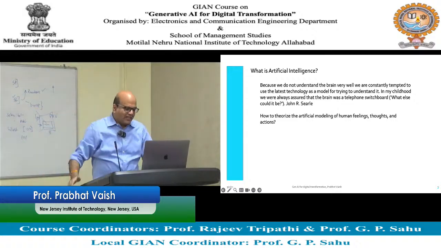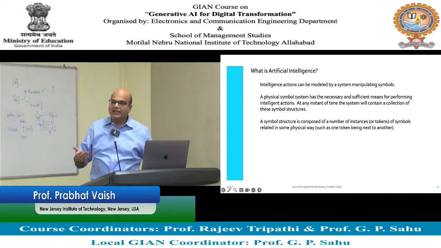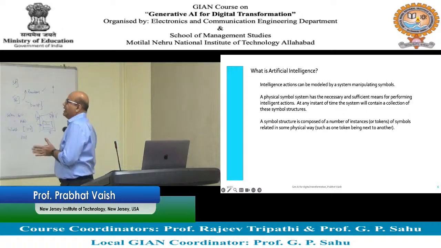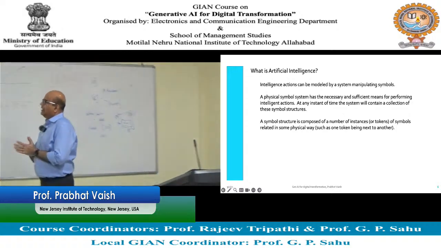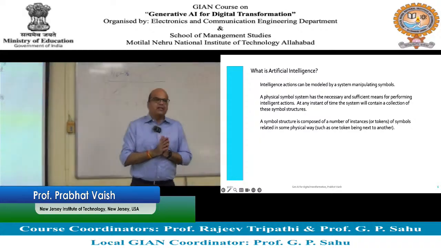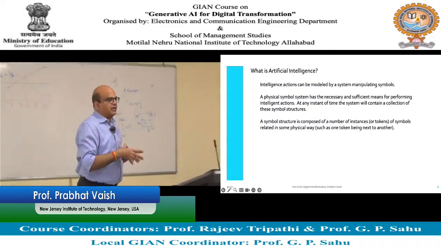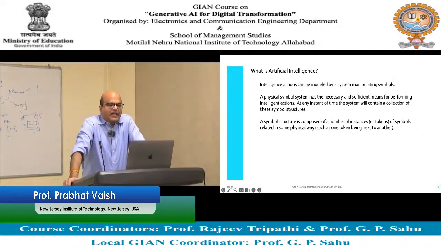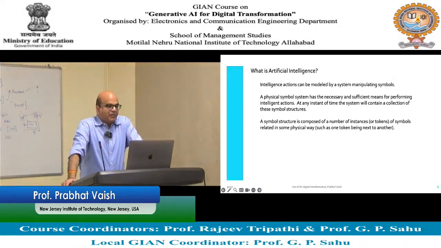So now let's see, we continue to how do we design intelligent systems. One of the early thoughts was that intelligent action, if you can build a system which is manipulating symbols, you can actually build an AI system. Because that's what it was. They always said that there are symbols, we are manipulating symbols.